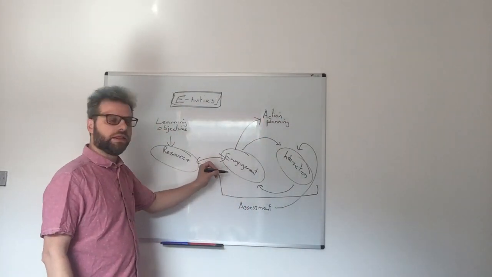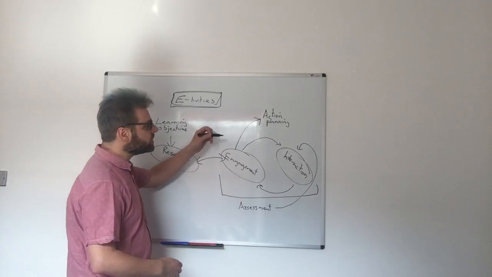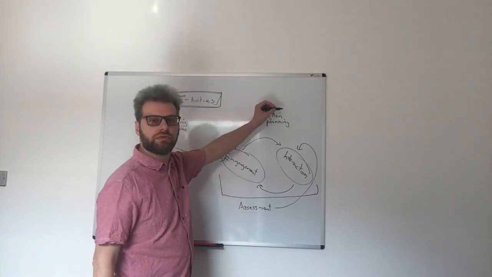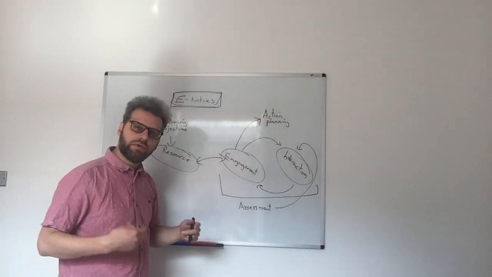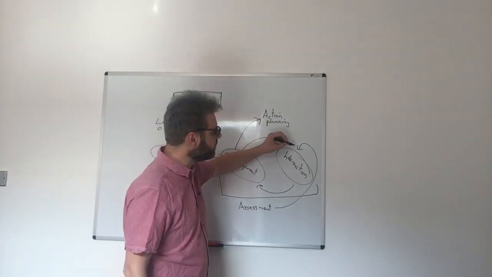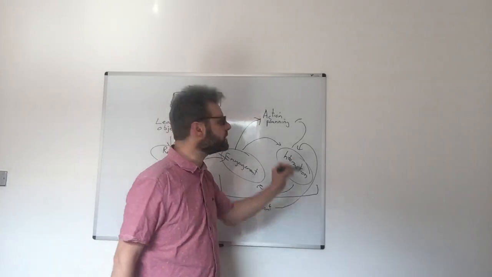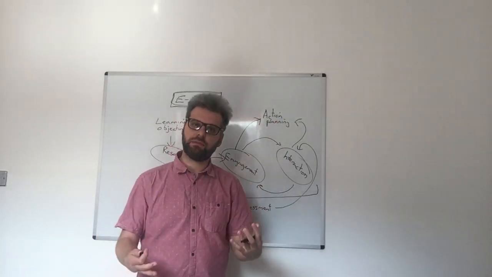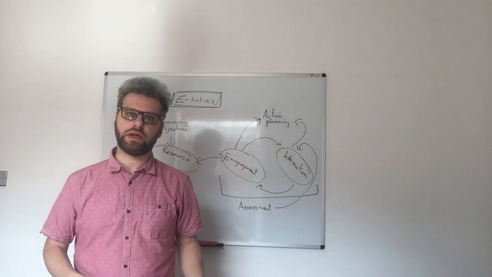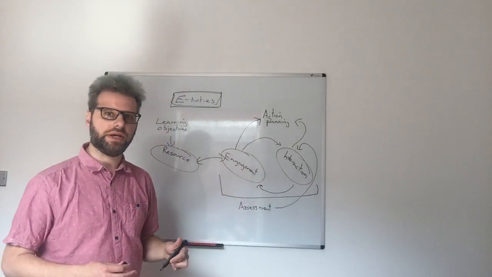So we want to see them understanding the resource, but we also want to see them thinking about what this resource means. And so that's a really important thing, and it also is something where the interaction with other learners can be useful, because we can get other learners to support their action planning, to encourage them, to help them to think through how they might make use of this.